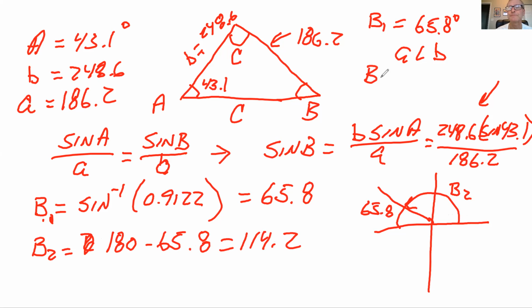So B2 would be 114.2. You see that depending on what angle you use for B, you're going to get two different solutions for the values of C. So what do you need to do? You need to walk through both possibilities. Let's walk through possibility 1 first.